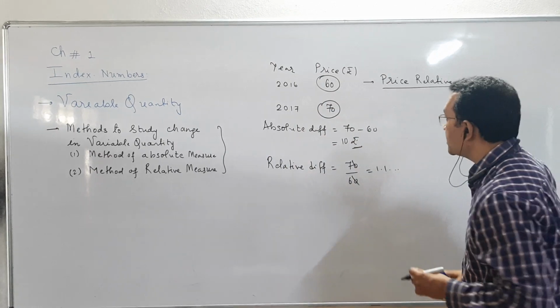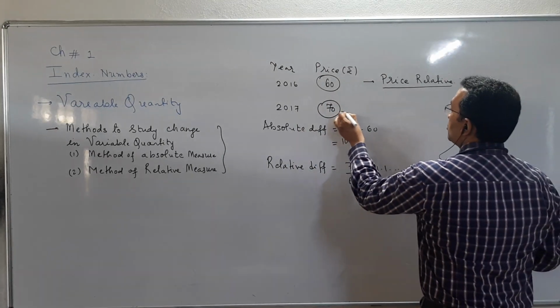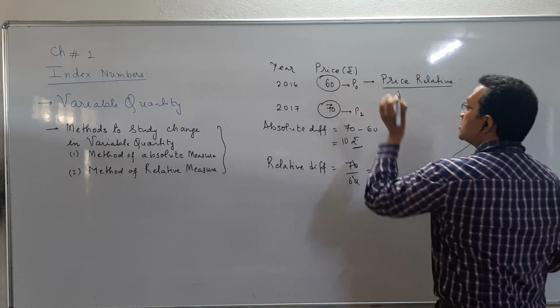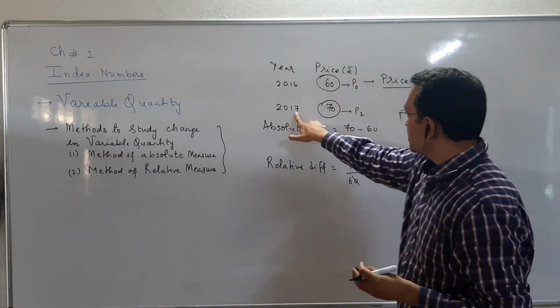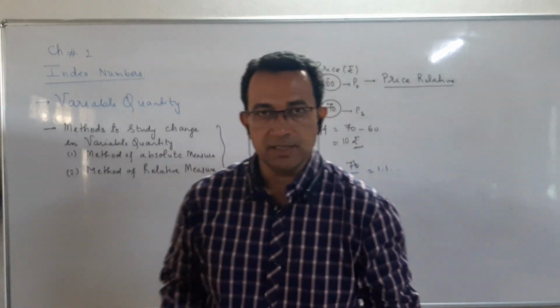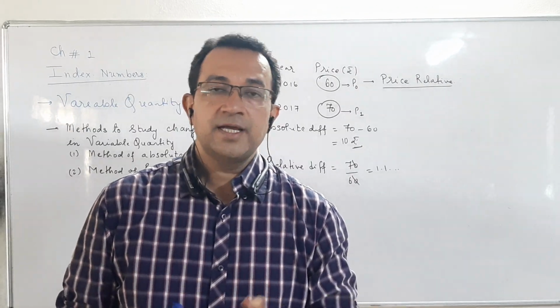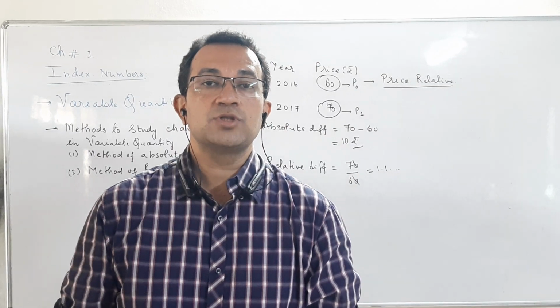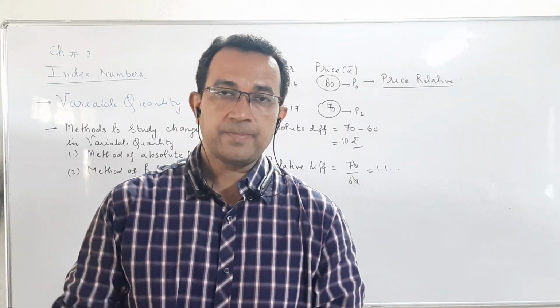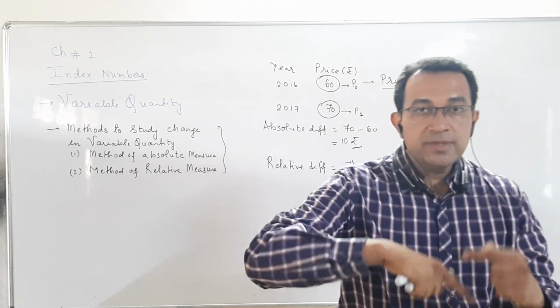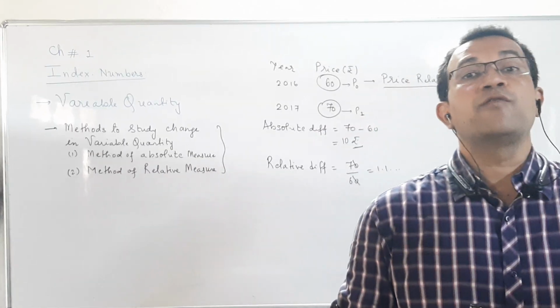Now, the higher year value we generally denote as P1, and the lower year value we denote as P0. Say 2017 and 2016: the higher year value is 2017 and the lower year value is 2016. So whenever we are comparing, it is always a comparison with a year of the past.